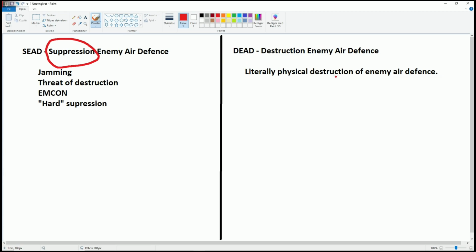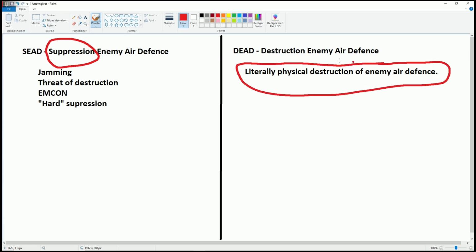It is literally physical destruction of enemy air defense. There is no other way to say it than this. This is so clear that everyone should be able to understand it. Why do we have destruction? Destruction of enemy air defense could be a very viable tactic if you plan on being in the enemy airspace for weeks, and you know that your SEAD package will be limited.